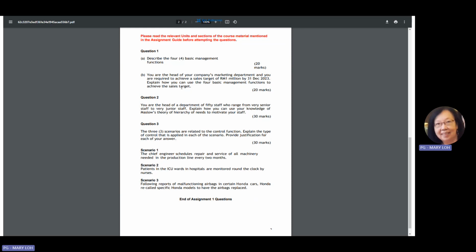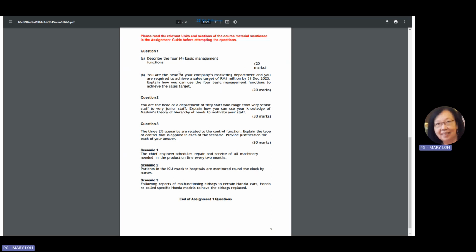The different questions will be taken from different units. Obviously we haven't covered the topic on motivation theory yet. So later, after we have gone through the functions of management in relation to question 1, I will go over the motivation theory with you and explain how you're supposed to approach that question.